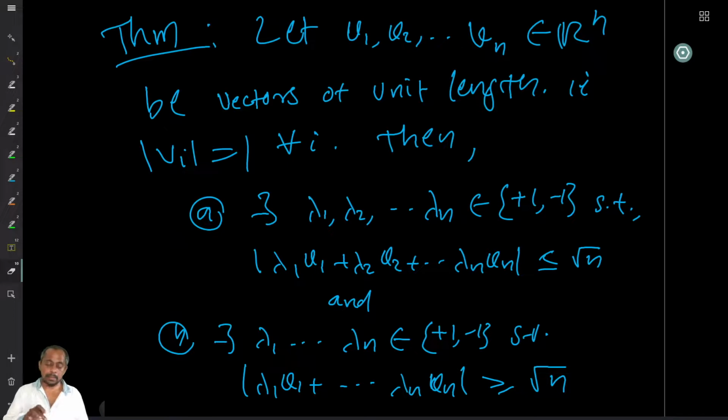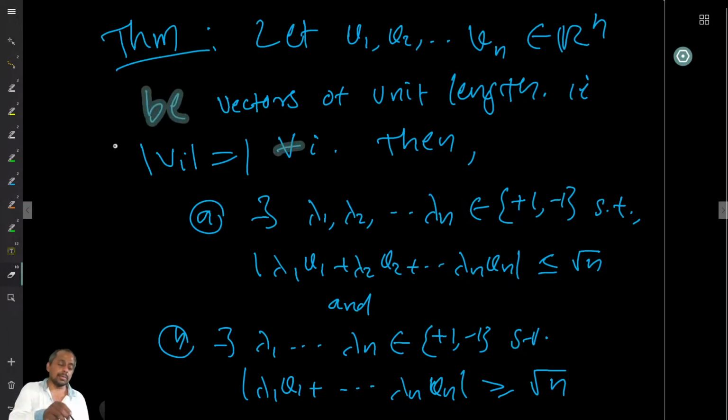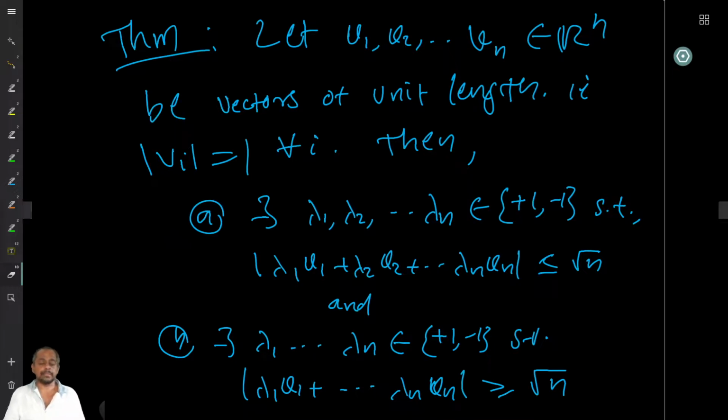Okay, so now we look at one more example of linearity of expectation. Here we look at a nice theorem. Let v1 to vn be vectors of unit length in R^n. So v1 to vn are unit vectors in R^n, so basically the length of vi is equal to 1 for every i.